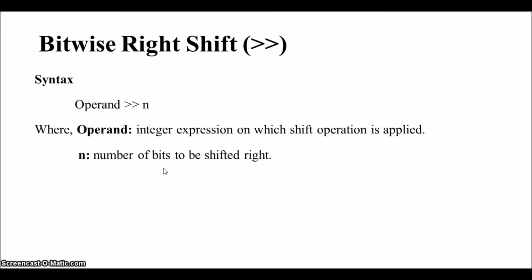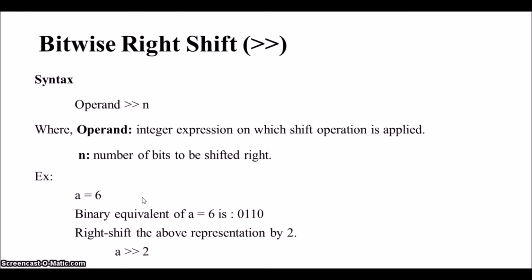The right shift operator shifts the bits to the right side, and when we shift the bits to the right side, an empty space will be created on the left side, and that empty space will be filled with the value 0.